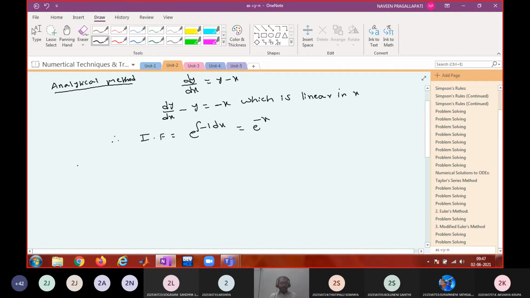So the general solution is y into e power minus x is equal to integral of e power minus x into minus x dx plus c.